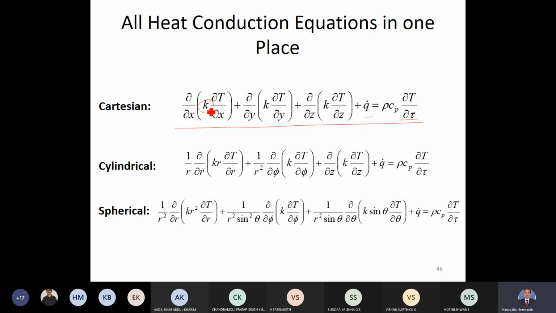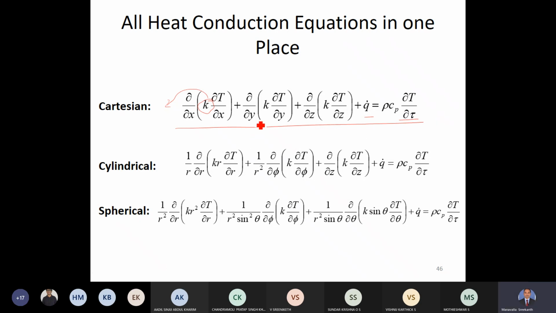If k is a constant, this can be brought outside. But since it is not a constant in this equation, it is treated as a variable, so it is inside the bracket. But if it is a constant, as given in the current problem, we can treat it as a constant and bring it out of the derivative.